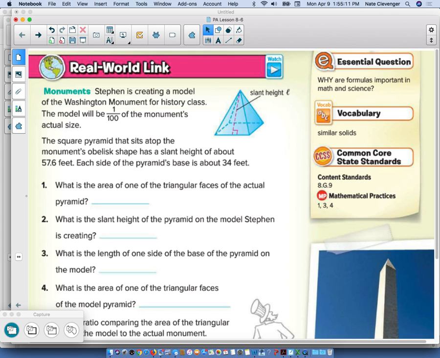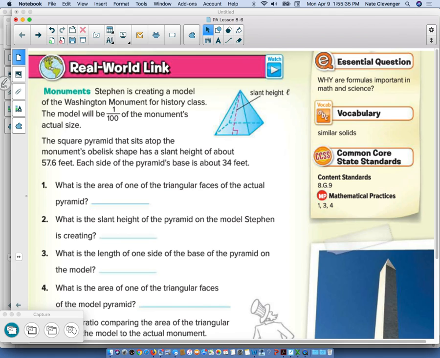So what would the area of one of the triangular faces of the actual pyramid be? How would we find the area of one of those triangles? What's the formula for area of a triangle, Savannah? Base times height divided by 2.